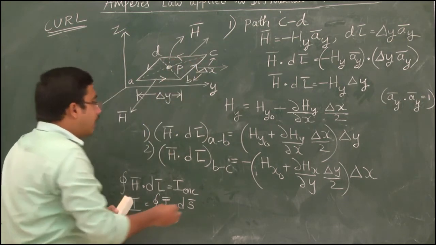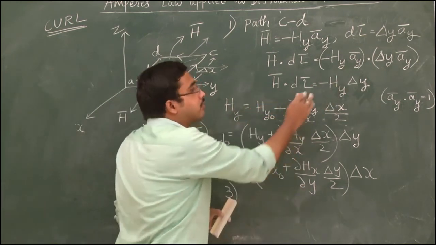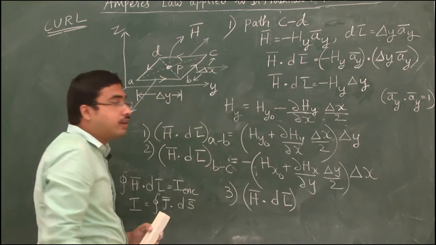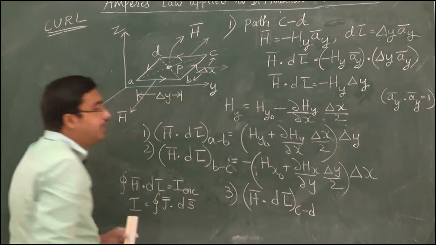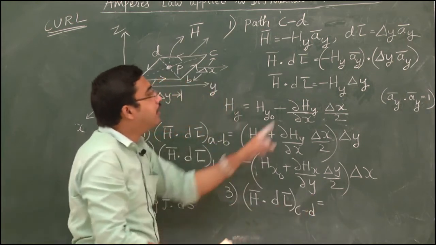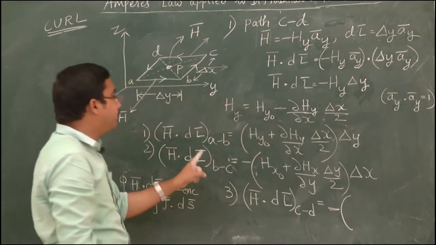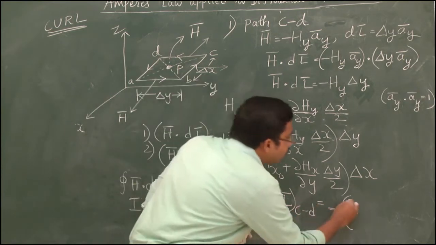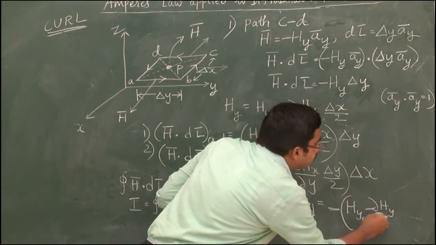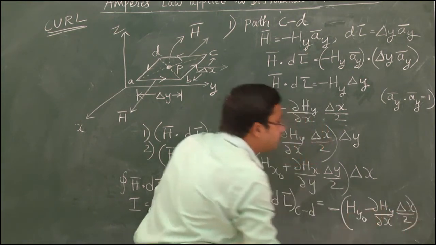Now I am writing the third expression. If I substitute this hy here, integral h bar dot dl bar, when you are observing from the path CD, is given by minus hy into delta y, where hy is equal to hy naught minus dou hy by dou x into delta x by 2.